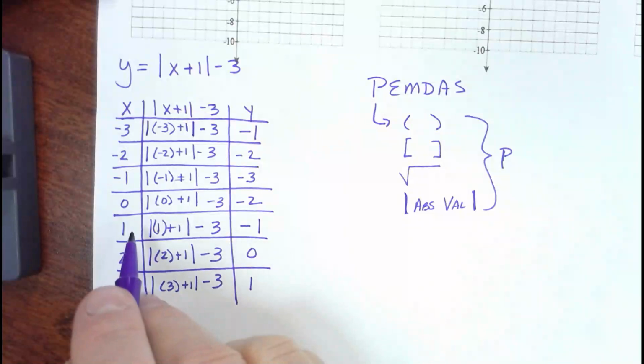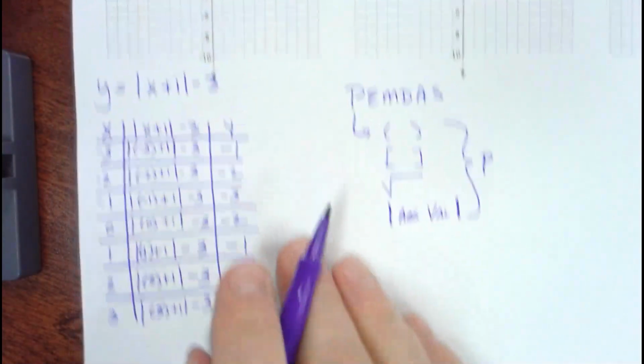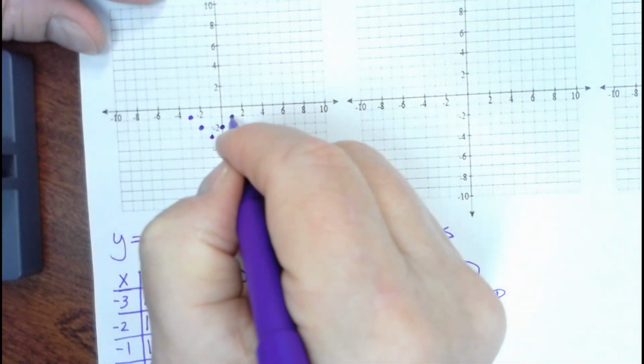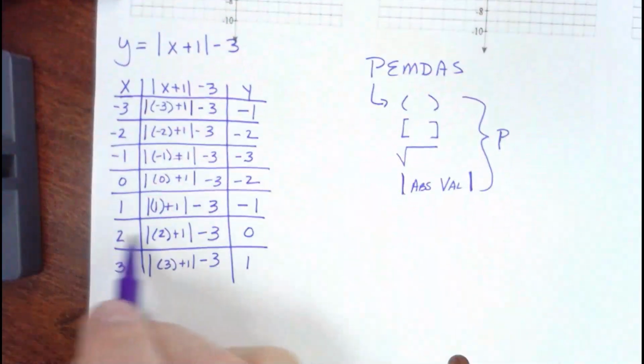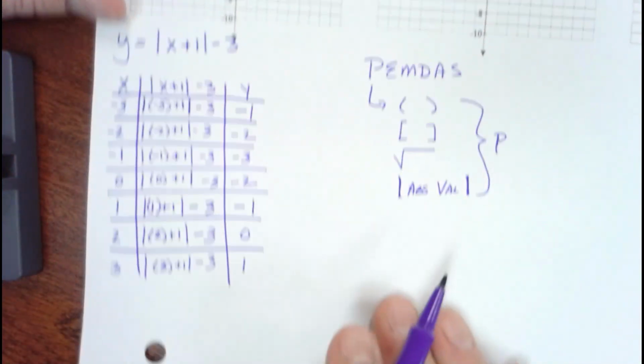I have 0, negative 2. I have 1, negative 1. I have the point 2, 0. And I have the point 3, 1.